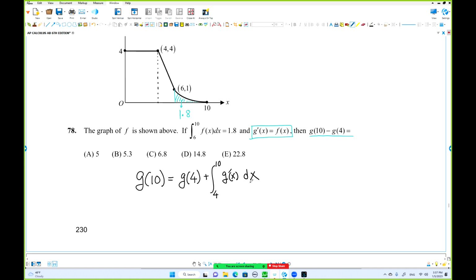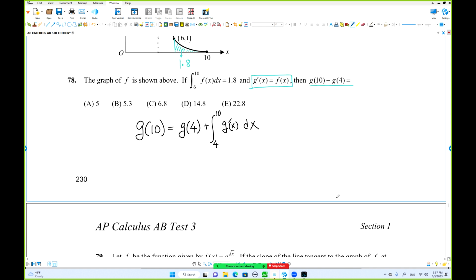That is our definition, right? So we're going to find the change between x equals 4 and 10. This is exactly the same as g of 10 minus g of 4, which equals the integral from 4 to 10 of g prime of x dx. G prime of x is f of x, so I'm going to replace it with f of x dx. That's it. They're asking you to find the value of this, the total change of g prime of x between 4 and 10.